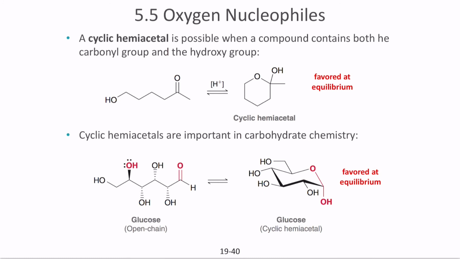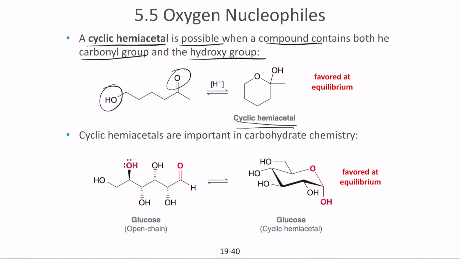A cyclic hemiacetal is generally possible when you have a compound that contains both a carbonyl group and a hydroxy group. For example, if I have a structure that has a carbonyl group and a hydroxy group, we can create a cyclic hemiacetal in acidic medium.